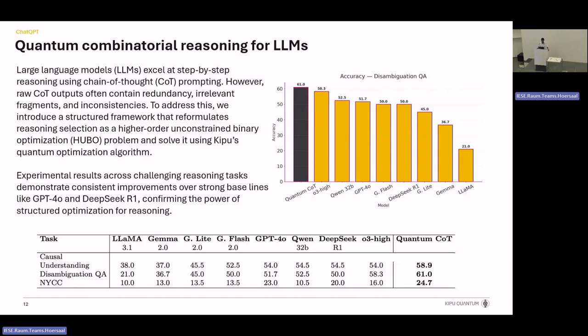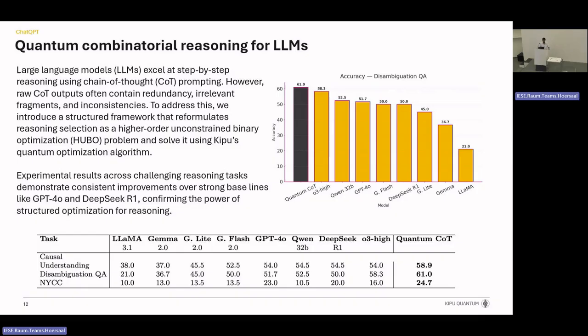Another one, which I will not go into detail about because it's not public yet, is combinatorial reasoning for large language models. When you ask a question to ChatGPT, it outputs a solution. If you trace back how it arrived at that solution for this input and this output, it follows a certain path called reasoning.